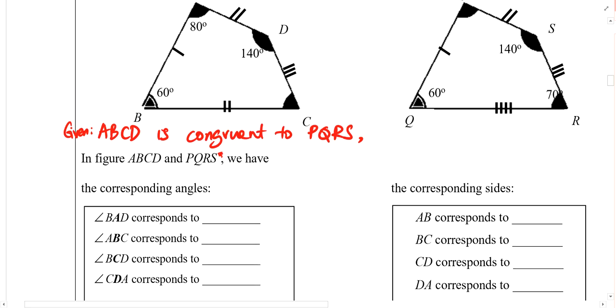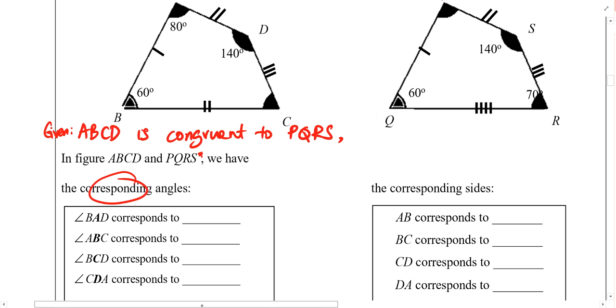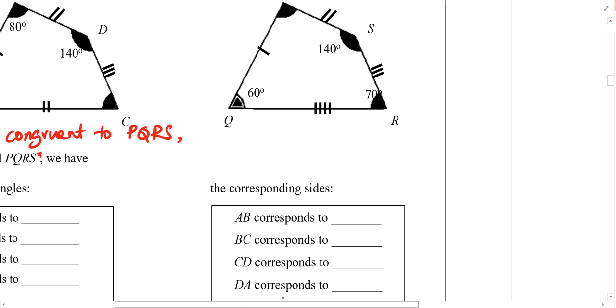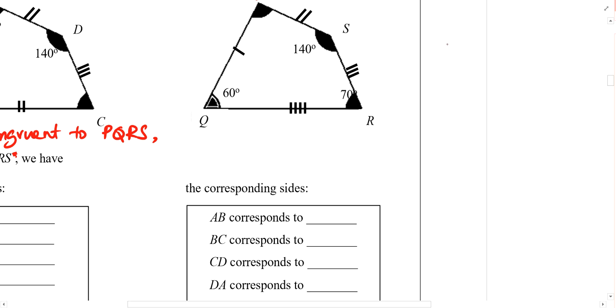So now, the next word that we need to be very familiar with is this, corresponding. How have we seen the word corresponding in maths before? Have you seen the word corresponding in maths before? When? Which kind of topic? Yeah, angles, right?